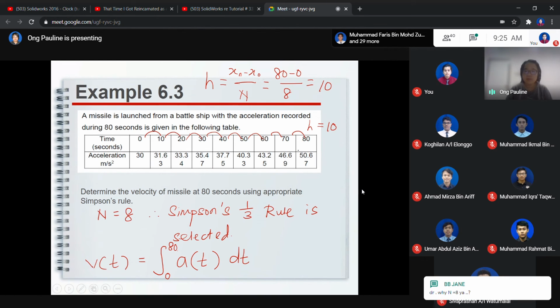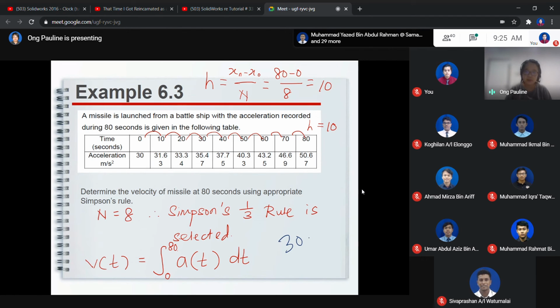Okay, the final solution is 3086.1. Okay, so see whether you can get this.